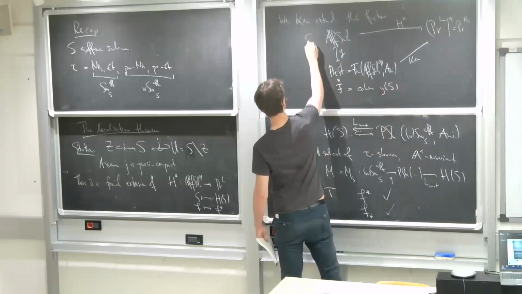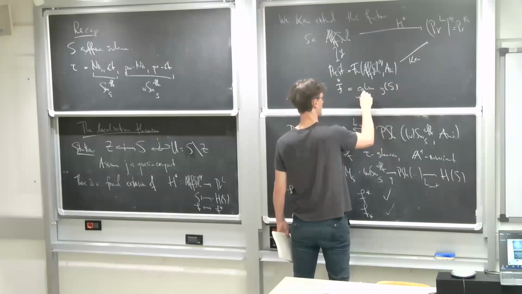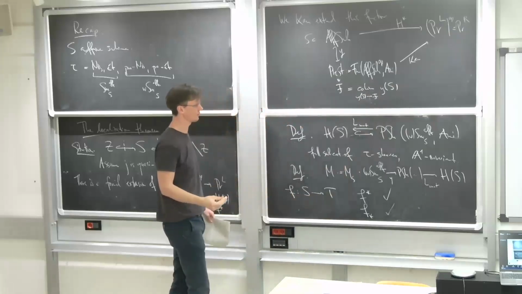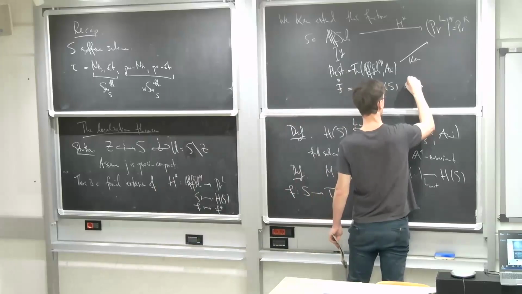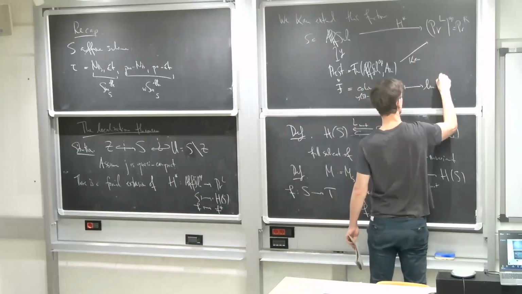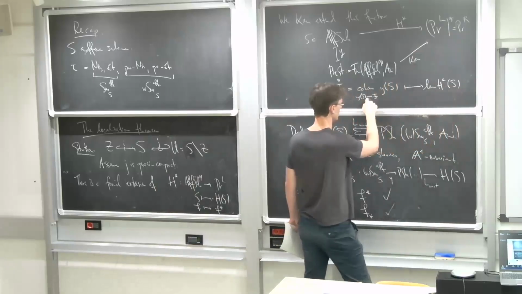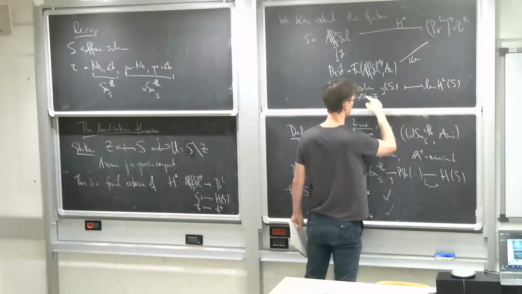The s's will be living here, and this is indexed by maps from these things to your F, in other words, sections of this pre-sheaf. This will be sent under this Kan extension to the limit of these H stars of S, where the limit is taken by taking the star pullback functors along these things.